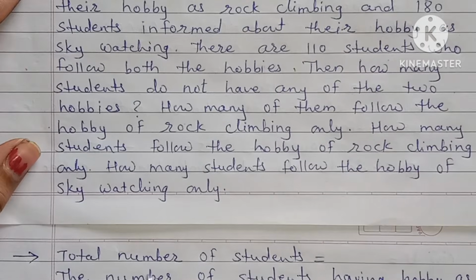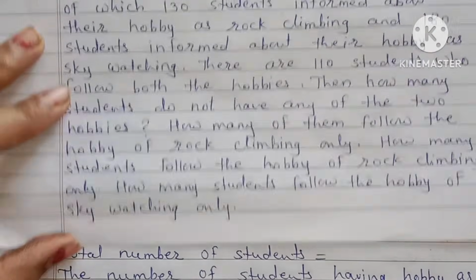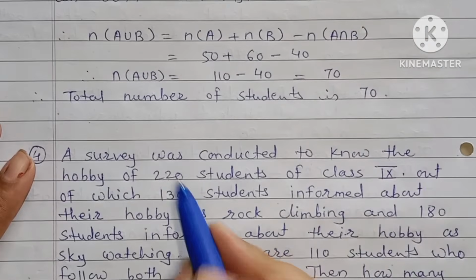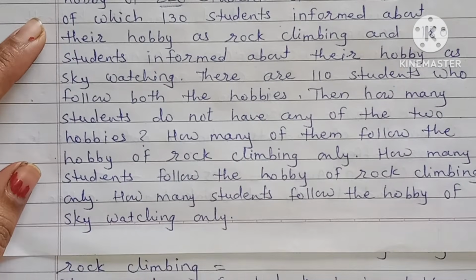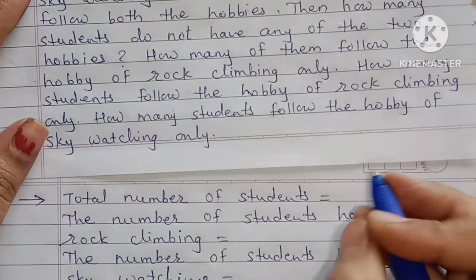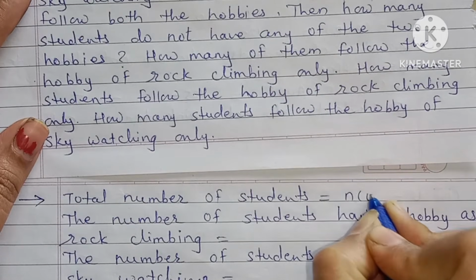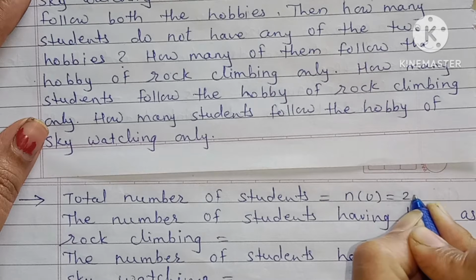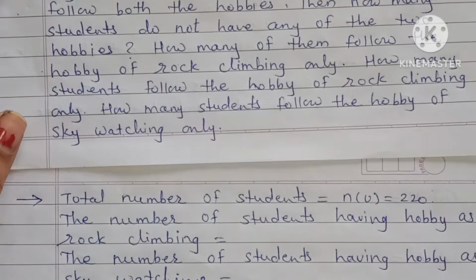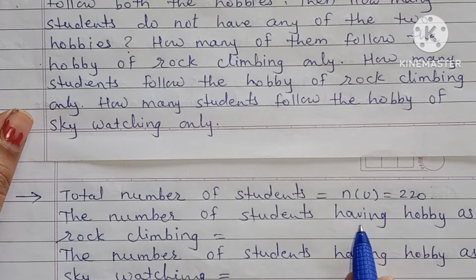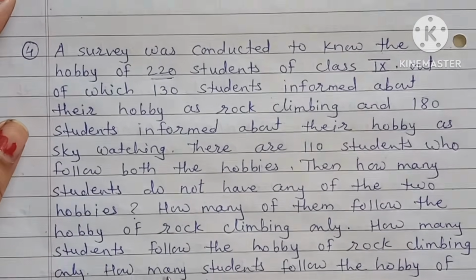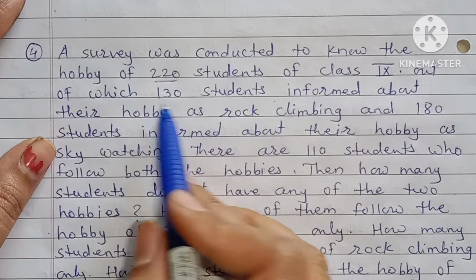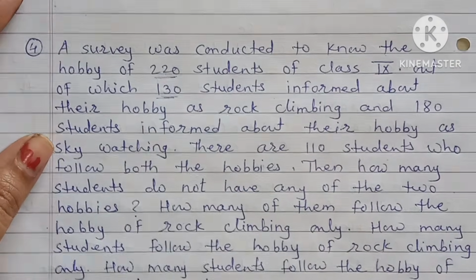Now solution: total number of students. Total number of students are 220. Means n of U is equal to 220. The number of students having hobby as rock climbing. How many students have hobby as rock climbing? See, 130 students.